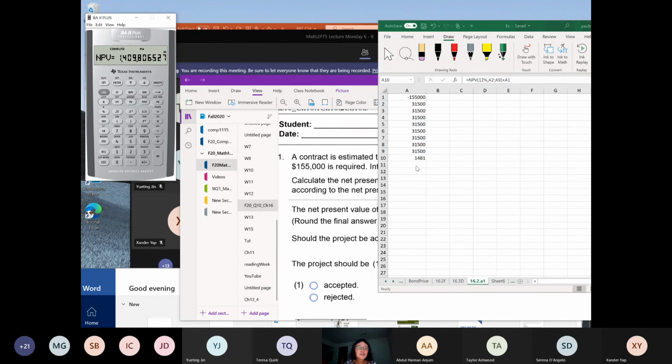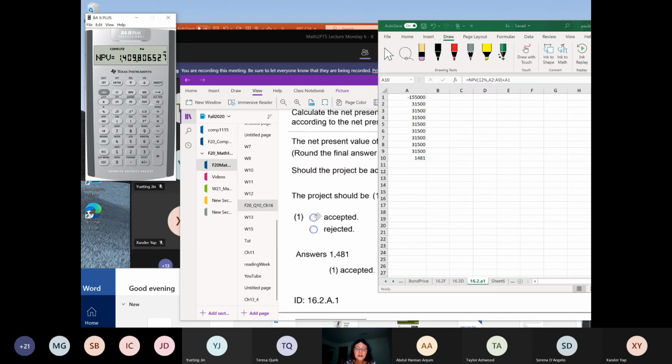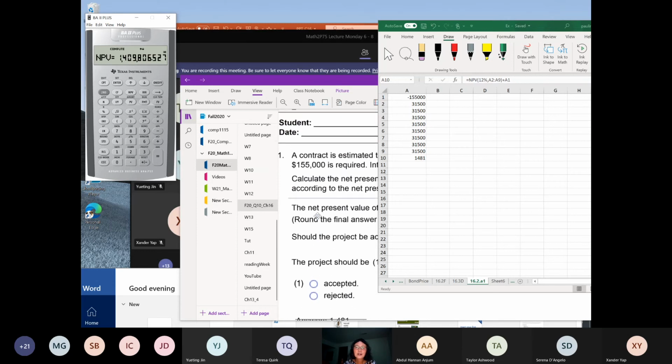Why is it different from the Excel NPV? Maybe I have to double check my cash flow. So I go back, no. No, I have to maybe redo it all over again.